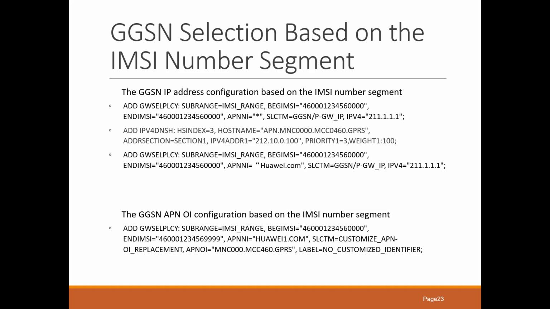And I don't think the RNC has an option of doing it IMSI-wise. It usually does based on the whole IMSI segment. Someone from RAN can better comment on this, but I don't think that we have an option of routing one user from the RNC towards one specific SGSN.